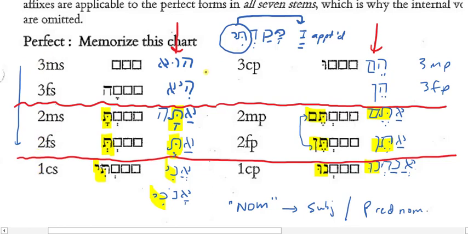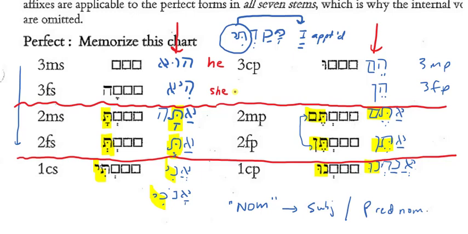And for our third masculine singular independent personal pronoun, the form is hu, and for the feminine form, it's hi. What does hu mean? Hu is he, and hi is she. Okay? We've already talked about this. So that's how I say he did something and she did something, and I use the overt, explicit subject pronoun to do it.